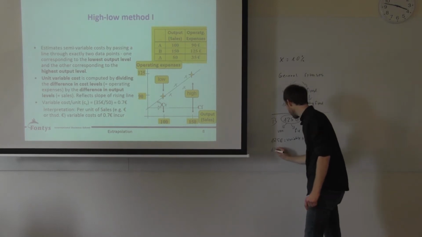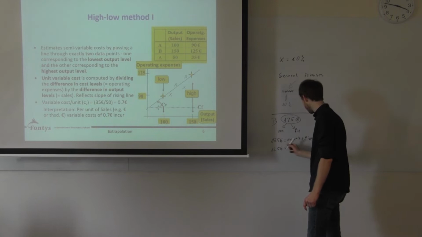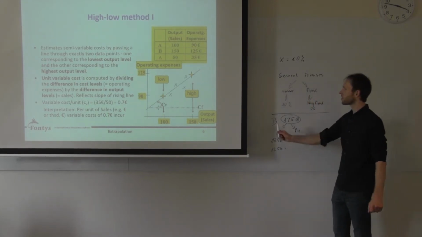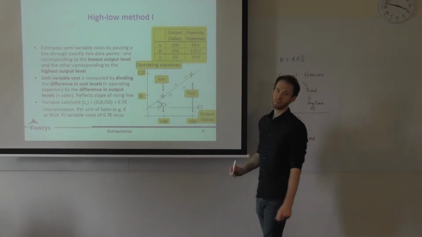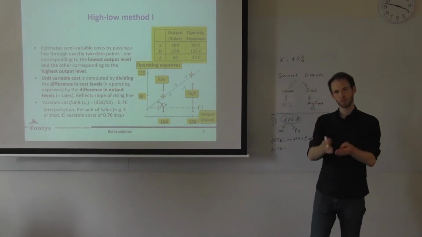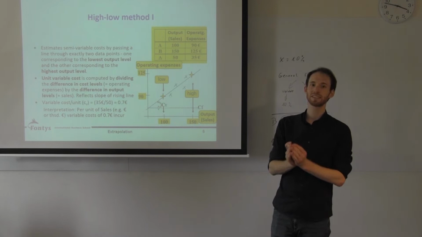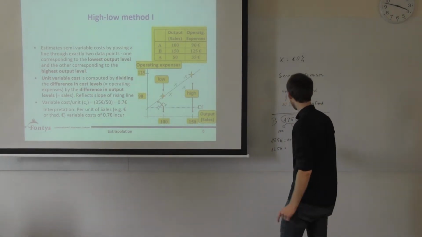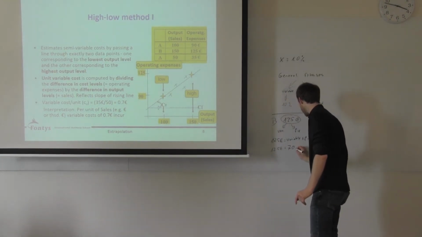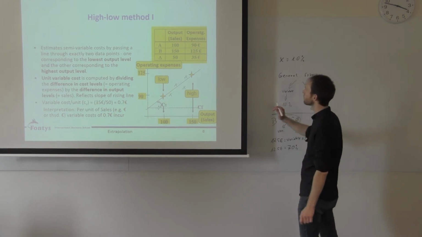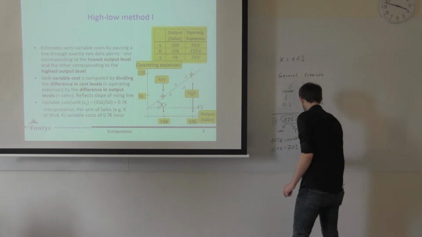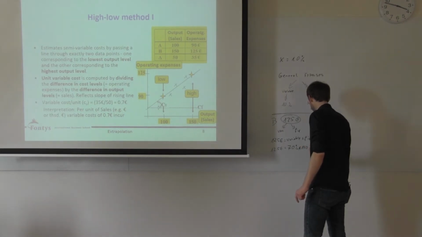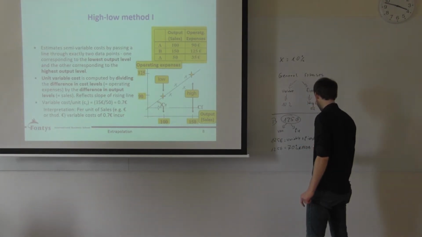So 125 euro equals variable cost. And we know variable costs are 70% of sales revenue, because if we have €1 in sales, we have 70 cents in variable cost. So it's simply 70% of the 150 euro, and then plus the fixed cost.